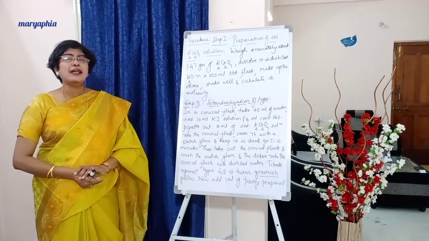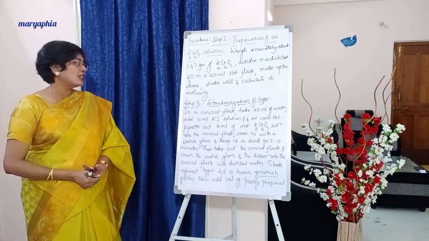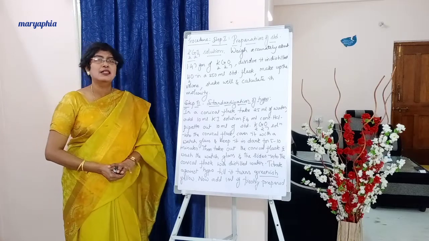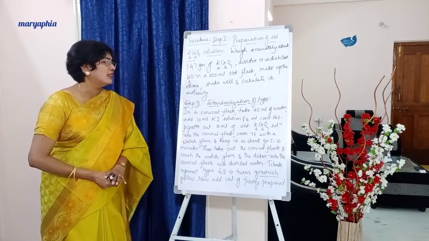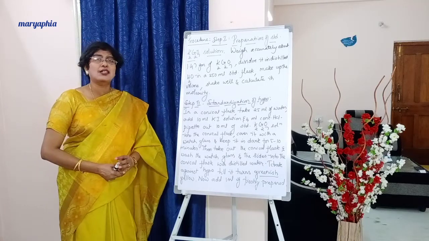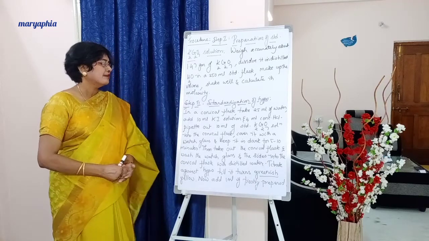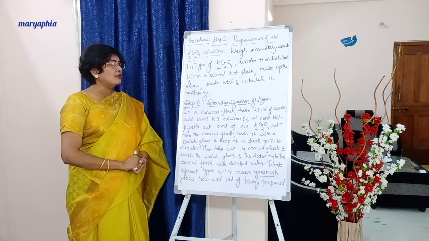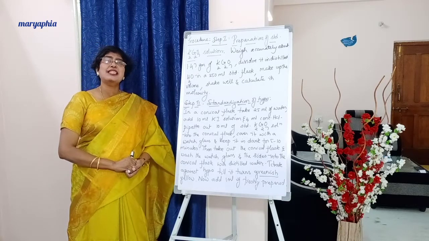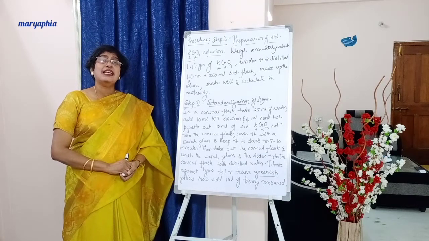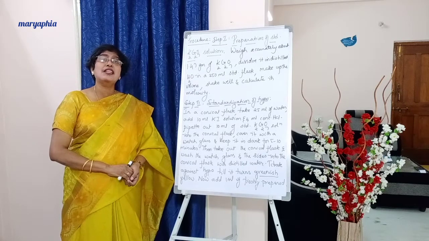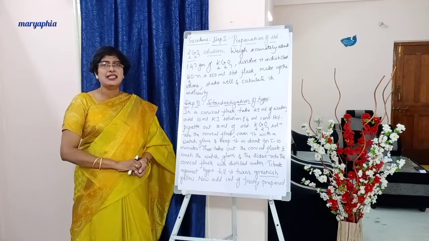Full stop. Pipette out 10 ml of standard K2Cr2O7 solution which we have prepared here in the first step. Pipette out. Previously, what did we do? We have taken standard K2Cr2O7 in the burette. Here we are not taking it in the burette.